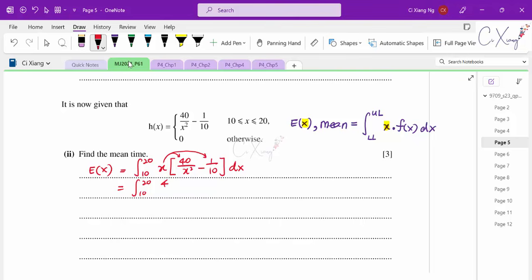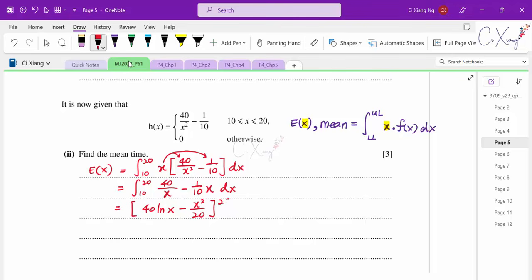So I'm having 40 divided by x, then minus 1 over 10 multiplied with x. Integrating 40 over x, I will have 40 ln x. All the integration techniques, you need to revise from chapter 5 in paper 3, which is about integration. Integrating x over 10, I will get x squared divided by 2, so I become x squared divided by 20.